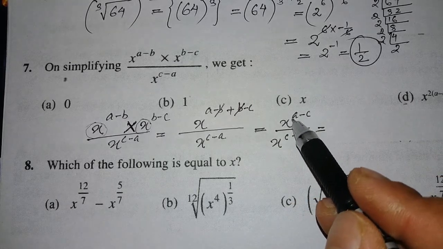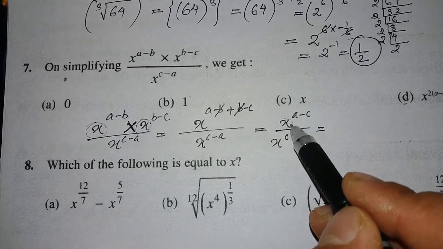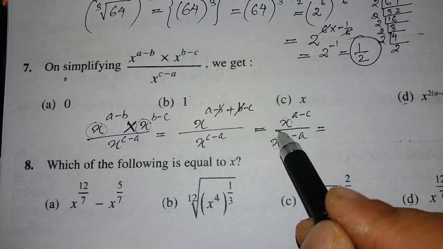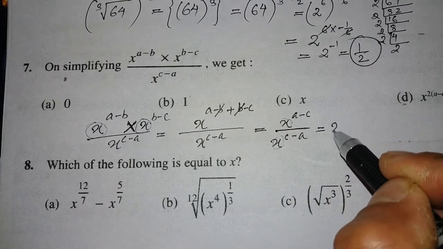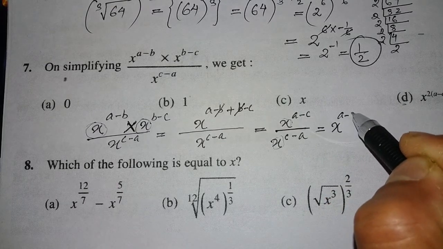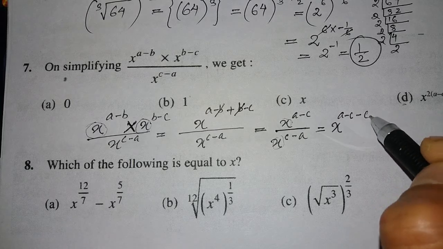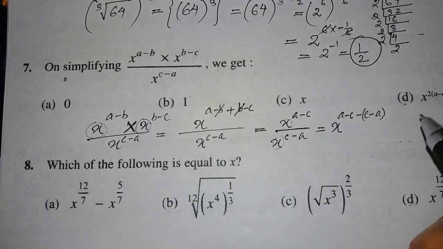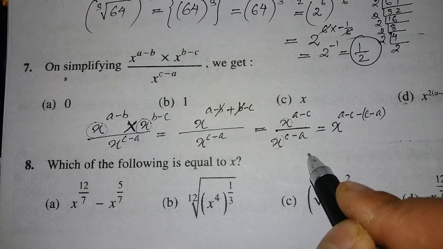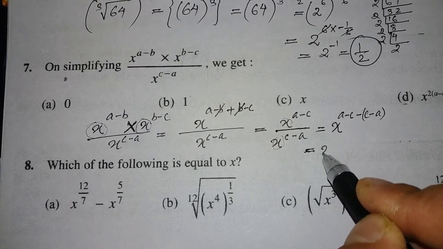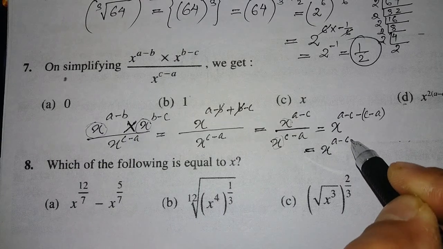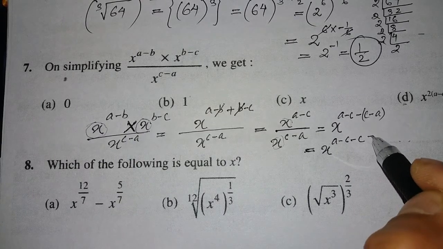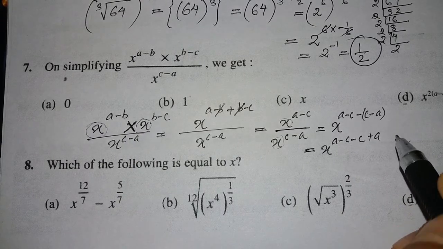Again, in the numerator and denominator the bases are the same, x. Since this is division, we have to subtract the powers. So x to the power a minus c minus c minus a. Now this is equal to x to the power a minus c, minus minus is plus a.